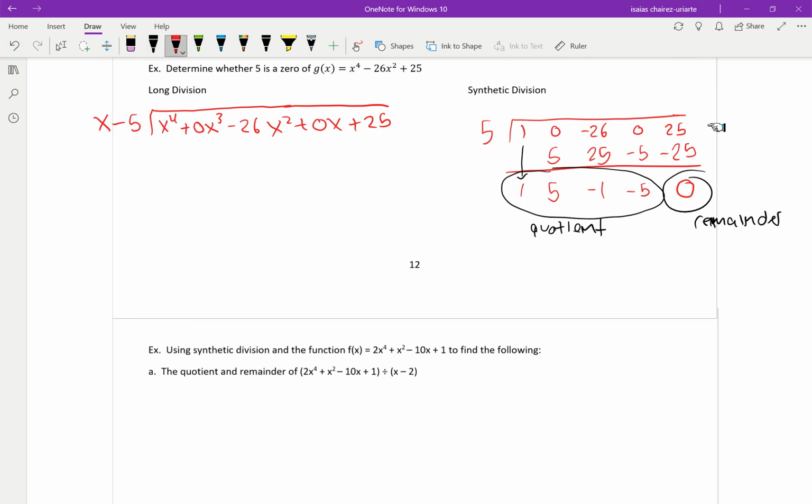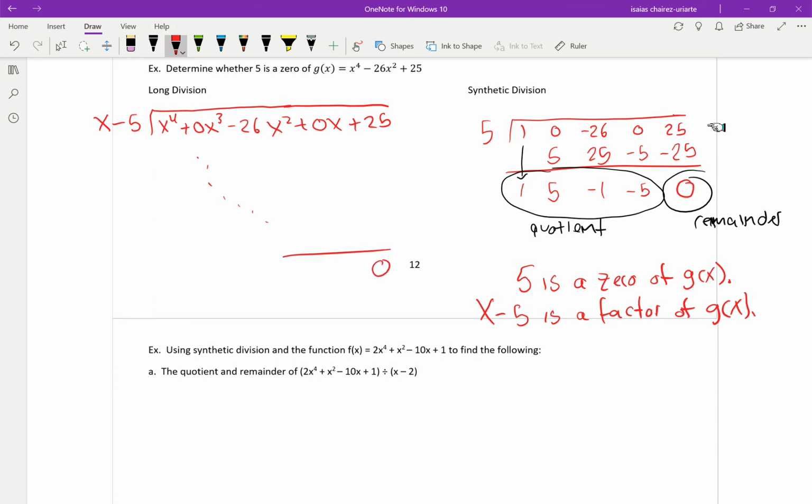So right now we can definitely conclude that 5 is a 0 of g of x, which also means that x minus 5 is a factor of g of x. These two things are equivalent. To be a 0 of g of x is the same thing as x minus 5 being a factor of g of x. So if we had actually carried out the long division, we would have gone through some steps and eventually we would have ended up with 0.